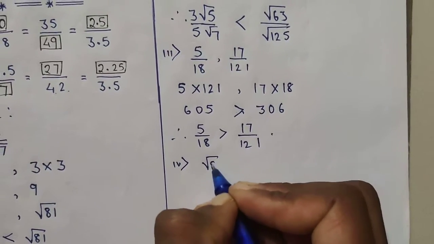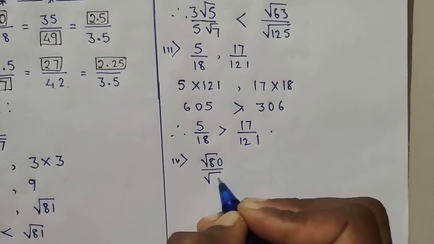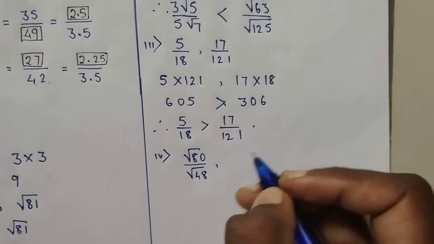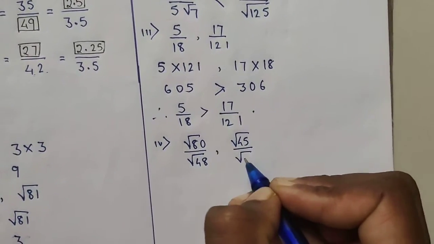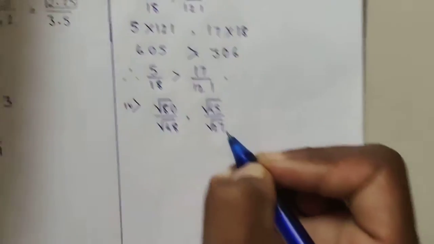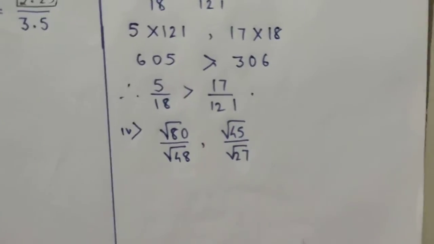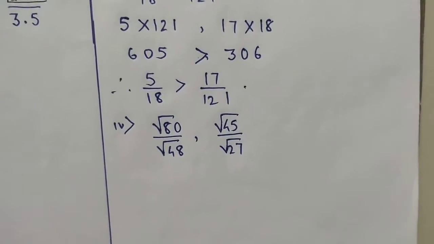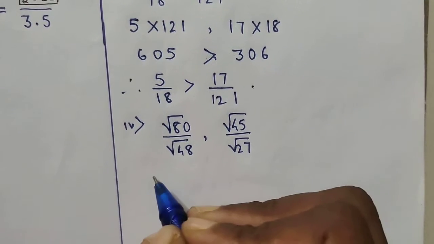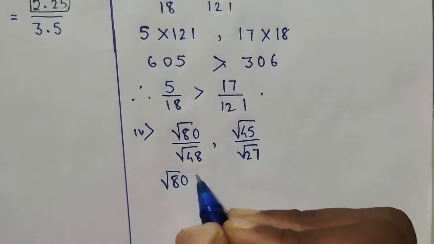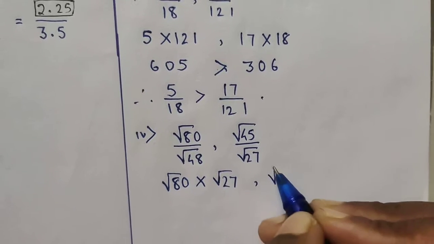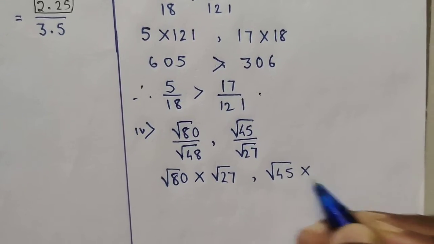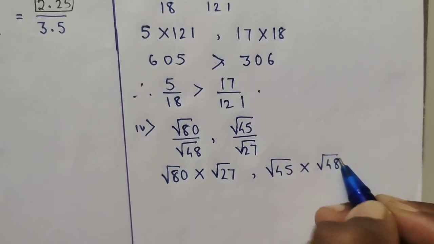This is square root of 80 divided by square root of 48, comma, 45 divided by square root of 27. Okay students, again we are going to follow the same method. First do cross of this, that is root 80 into root 27, comma, root 45 into root 48.